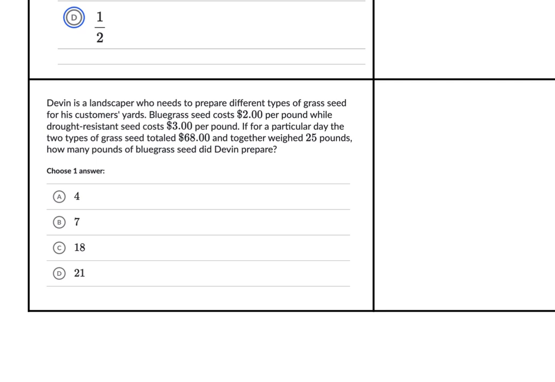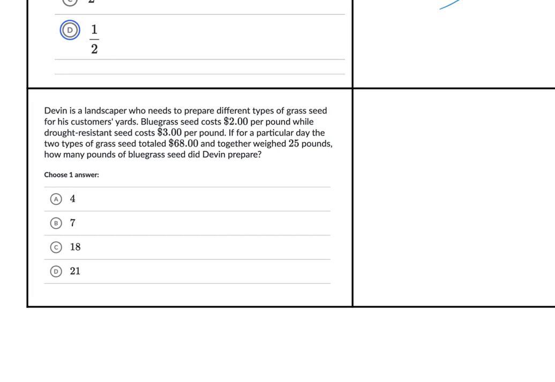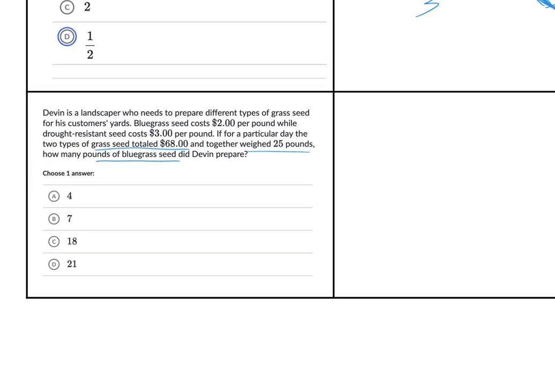Devin is a landscaper who needs to prepare different types of grass seed for his customer's yard. Bluegrass seed costs $2 per pound, while drought resistant seed costs $3 per pound. Sometimes when I read a question like this, I kind of look ahead and look at the question first. So, the grass seed totals $68 and together weighs 25 pounds. How many pounds of bluegrass seed did Devin prepare? So I'm like, okay, I'm setting up a system of equations.